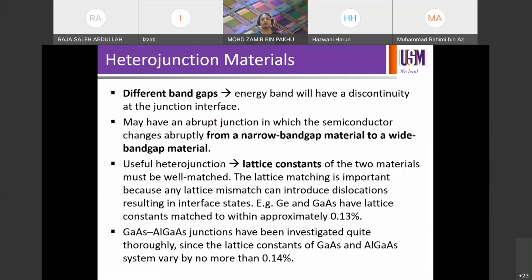In this case, we form our p-n junction based on heterojunction materials, which means we combine two different materials of opposite polarity with different band gaps.